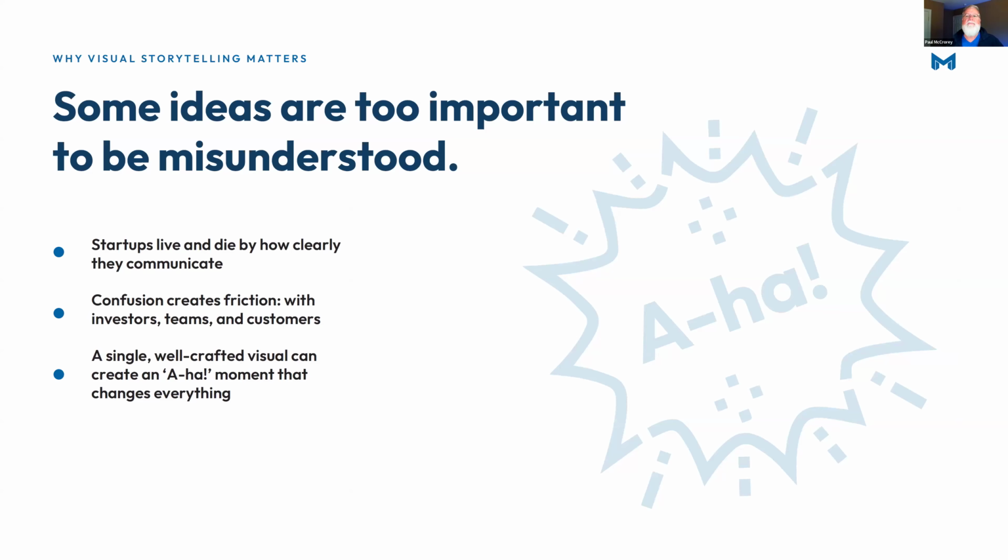That's usually the moment that a visual is needed to unlock things. That's what I call the aha moment. That's where everyone says, okay, now I see it. Now I'm on the same page. This is the moment that changes everything, really. And I personally live for that moment. I don't know why, but I really love to see when people get that aha moment.